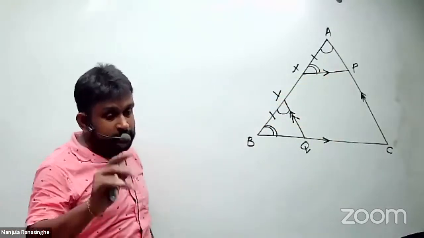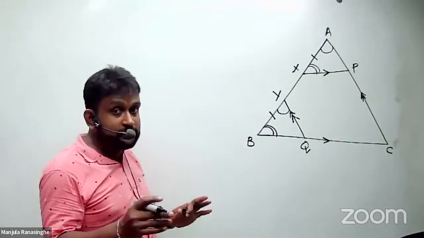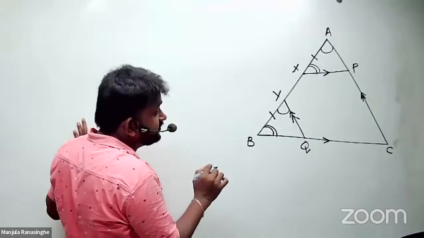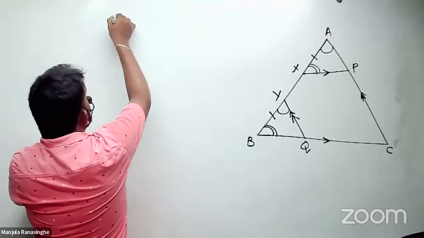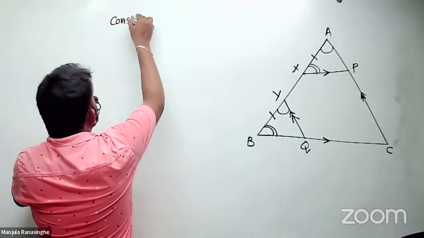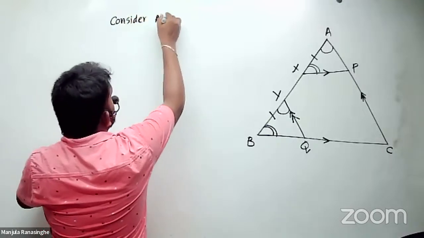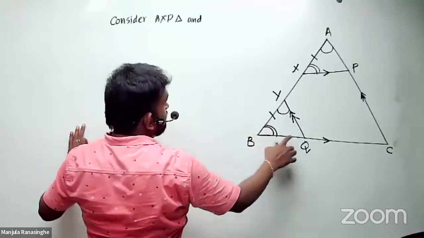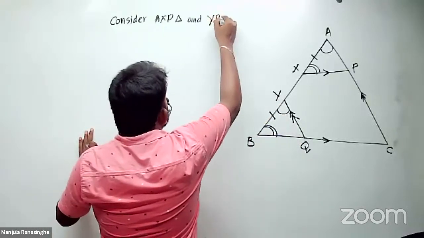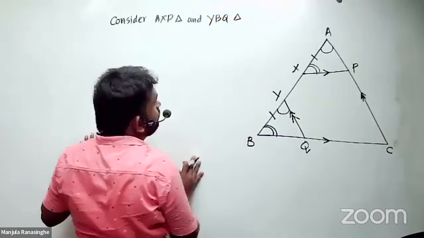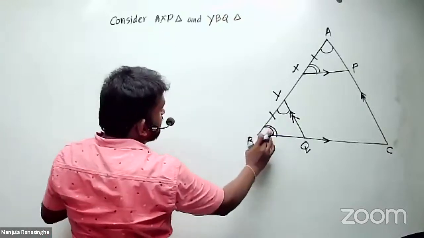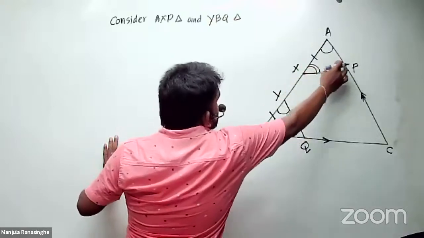Okay, that is fine. Now I write the conditions and prove it with these two triangles. So how do you write the congruency? See there, I write: consider triangle AXP and here triangle YBQ, triangle YBQ. Okay, now write the component AXP first, then you have to write these conditions.